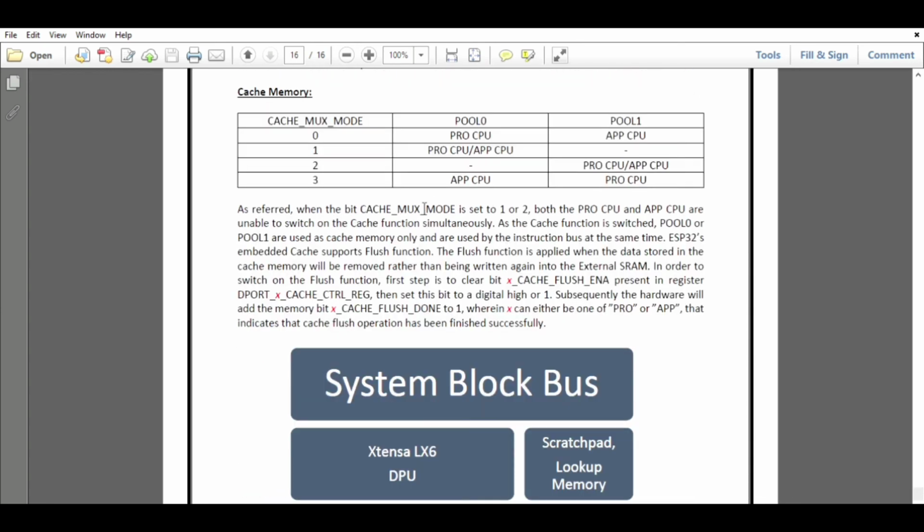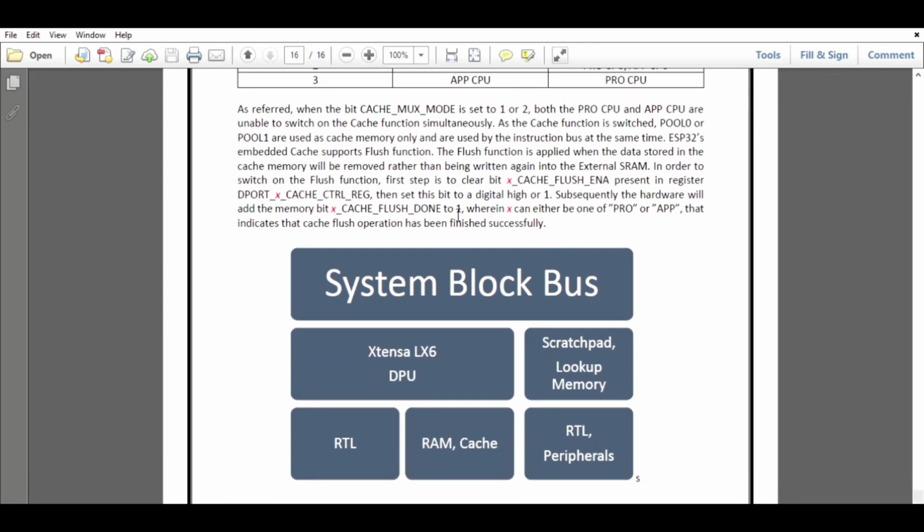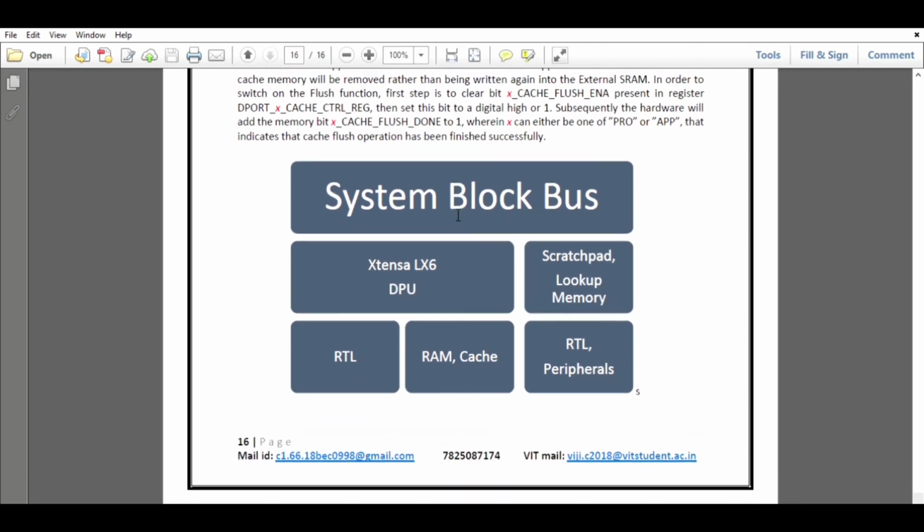When cache mux mode is set to 1 or 2, both the Pro CPU and App CPU are unable to switch on the cache functions simultaneously, as the cache SRAM pool 0 or pool 1 are used as cache memory only and are used by the instruction bus at the same time. Subsequently, the hardware will set the cache flush done bit to 1 when x can be either Pro or App, which indicates the cache flush operation has finished successfully.